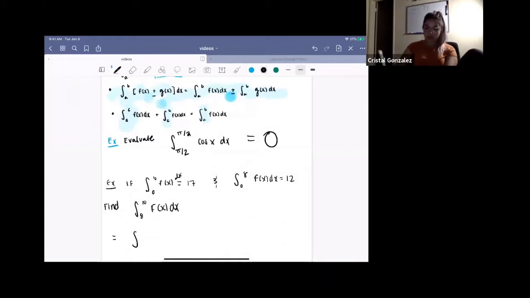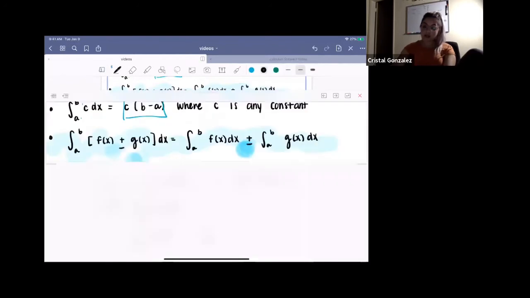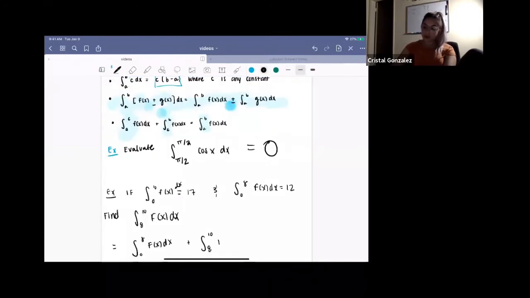The integral from 0 to 8 of f of x dx plus the integral from 8 to 10 of f of x dx should equal the integral from 0 to 10.